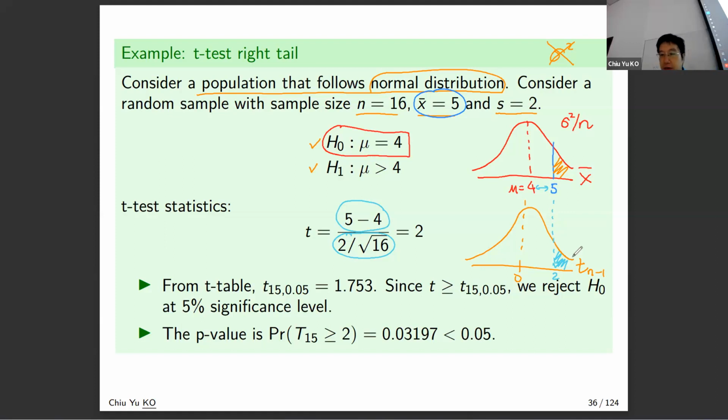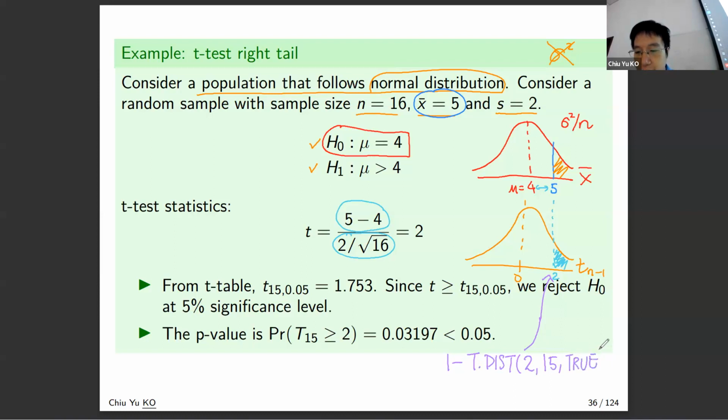Now, how to find this area, right? Excel is very direct. Excel will tell you this is 1 minus T, with 2 as the number we have, and n is 16. We look at 15, the 15th table, then true.